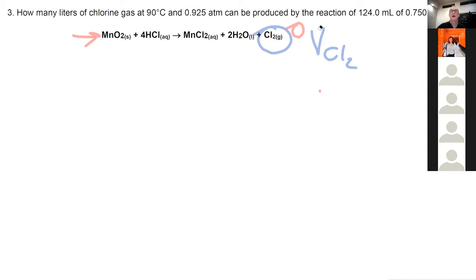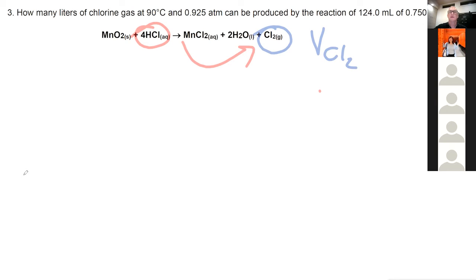So how are we going to figure out how many moles of HCl we have? Because that's what we need, right? In any stoichiometry problem, we need to know how many moles of reactant we have so we can calculate how many moles of product we're going to get.